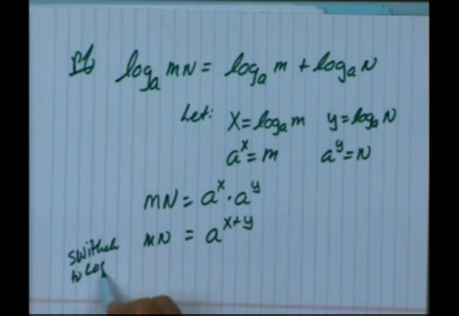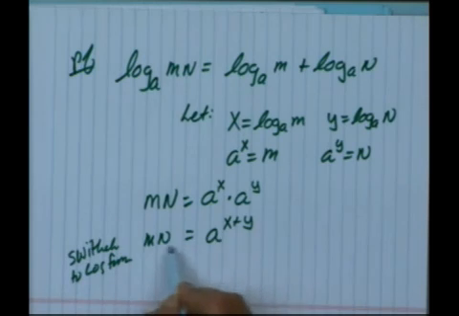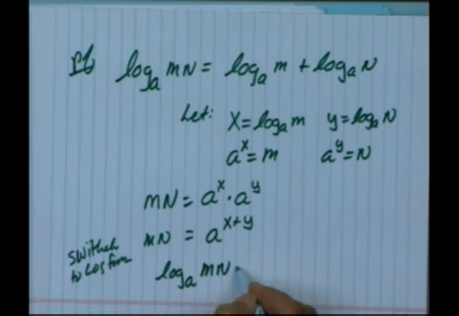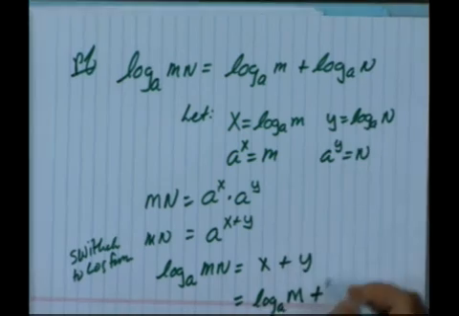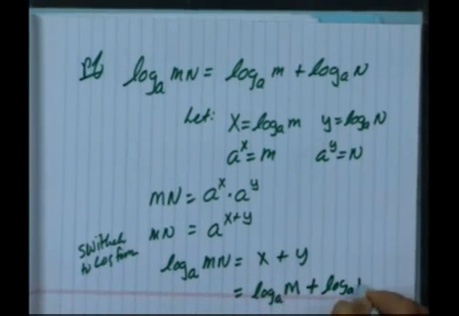Okay, so if I go from this exponential equation to a log form, it's going to be log to what base? A of mn equals x plus y. Well, what do we define x to be? Log to the base a of m, and y to be log to the base a of n.